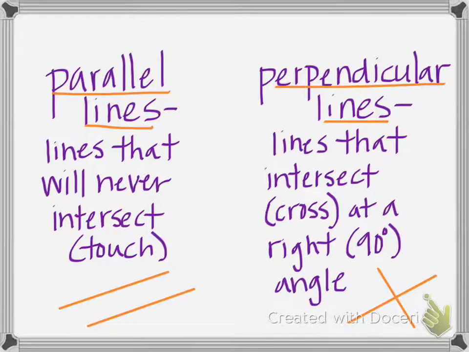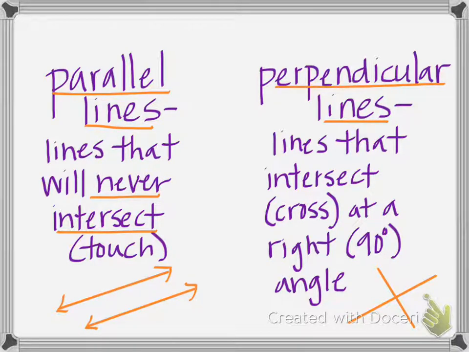These are lines that will never intersect or touch. So down at the bottom, I have an example of some parallel lines. And notice that, remember with lines, they go on and on forever in either direction. These lines will never intersect, okay?